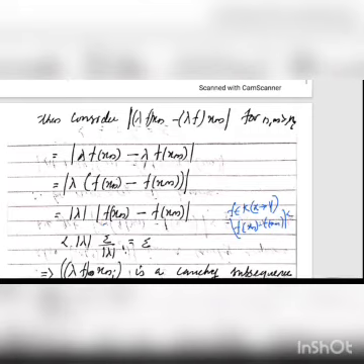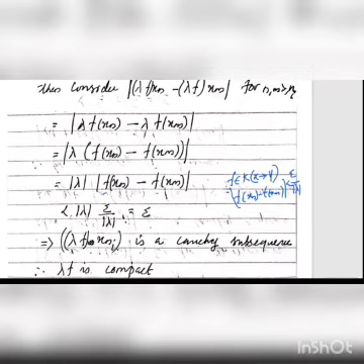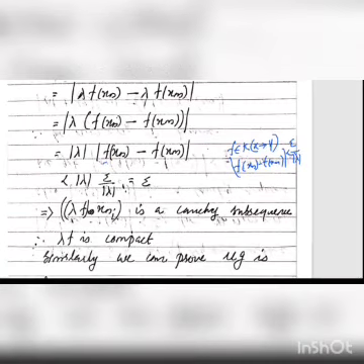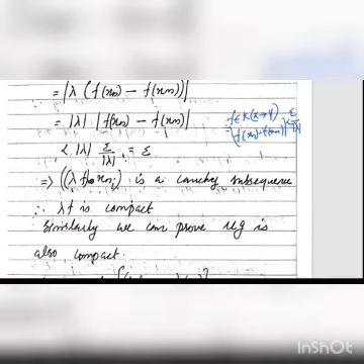Here we have selected our epsilon as epsilon by mod lambda, so this is valid. So this is less than epsilon, which implies lambda f of xni is a Cauchy subsequence, or lambda f is compact. Similarly, we can prove that mu g is also compact.